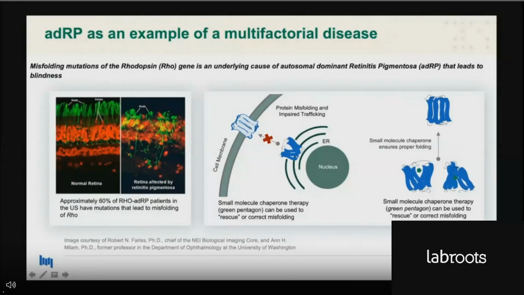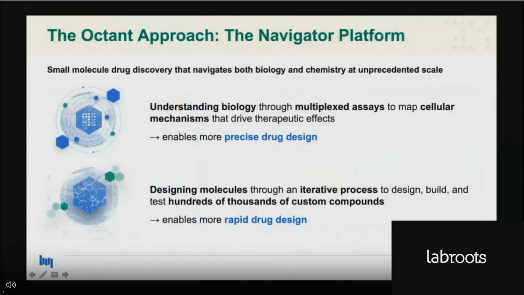This is one of our fundamental hypotheses, and it is around this hypothesis that we've built our drug discovery platform, which we're calling the Navigator. To that end, we have two platforms. The biology platform, where we utilize multiplexed cellular assays to help us optimize drugs and do more precise drug design for multifactorial mechanisms and mutations.